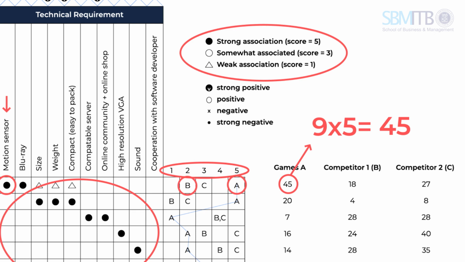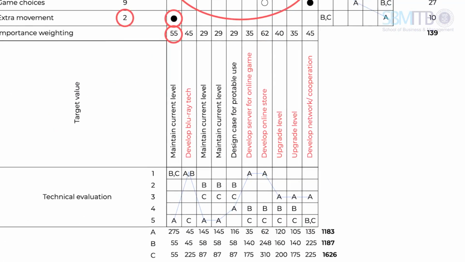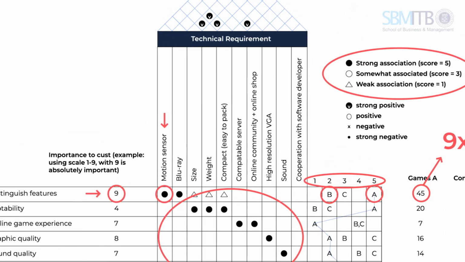Fourth step is creating the technical evaluation. By using score 1 to 5, with 5 as the highest score, we need to compare our product specifications to the competitor. As an example, motion sensor.